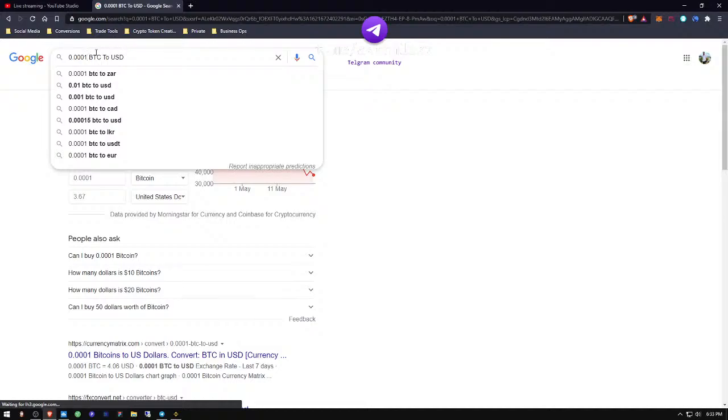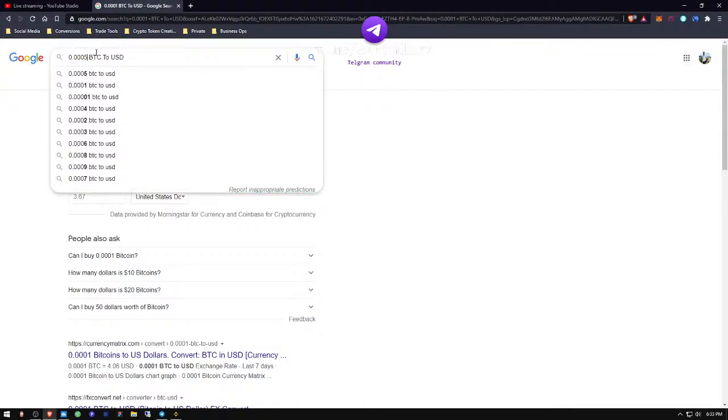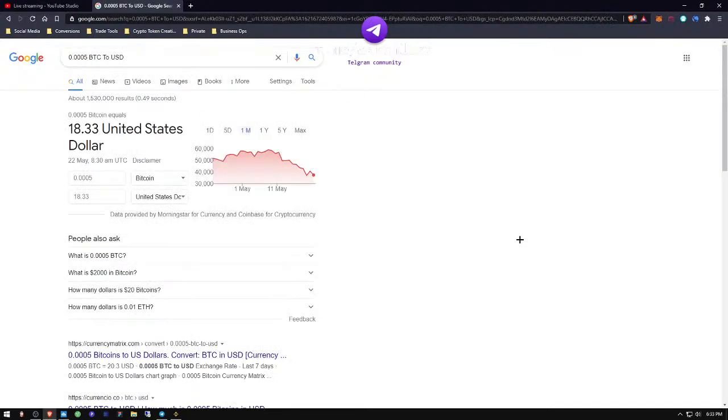If you did that, if you got to 5, there you go. So this is obviously a really tiny amount of BTC, and trading on these smaller time frames, it's a more realistic approach, and a safer approach when you're trying to scalp on those sort of smaller time frames.